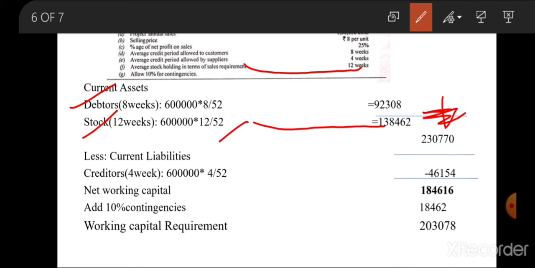Next, from the current assets we subtract the current liabilities. Current liabilities are your creditors, and as it is a trading concern, we consider the cost of sale to be assumed as purchase. Whatever is the cost of our sale, that will be our purchase. So your credit purchase is 6 lakh into creditor collection period, that is 4 weeks, divided by 52 weeks.